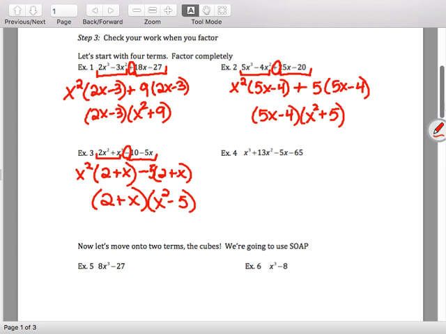All right, that's as far as that one goes. But again, if this had been, say, x squared minus 9, I would have made that x plus 3 times x minus 3. So you have to learn that whatever you have, you need to see if it'll keep going. All right, try example 4 if you haven't already.